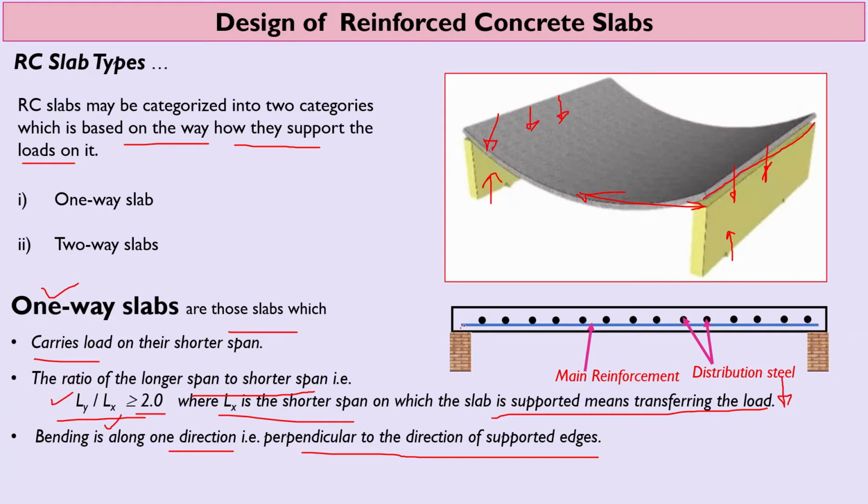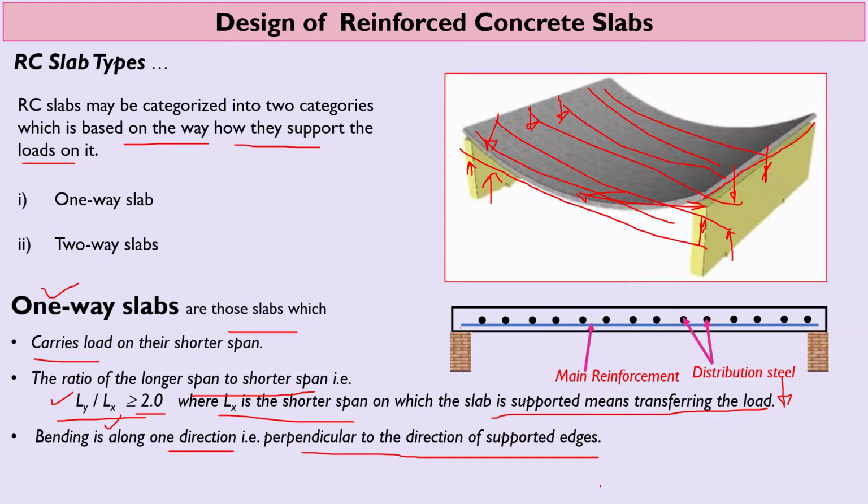You can see there is a blue color line. It indicates the main reinforcement. So here you are supporting the slab, and here you are supporting. When you provide reinforcement in this direction, that reinforcement is basically the main steel or tension steel. That means we have to design the steel along this direction.